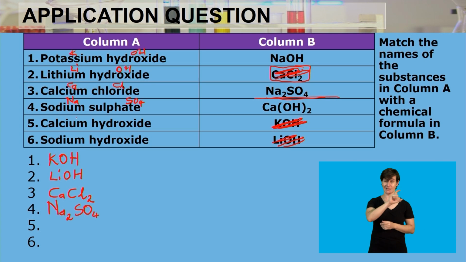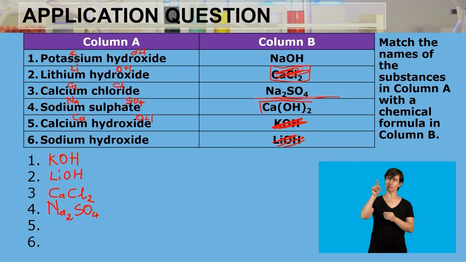Then the 5th one, calcium hydroxide. We know Ca is calcium, and hydroxide is OH. So obviously the ratio we are not sure of, but we know that there must be a Ca for calcium and the OH for the hydroxide. So what we have here is the Ca and the OH, which then means for every 1 atom of calcium, we need 2 molecules of the hydroxide.